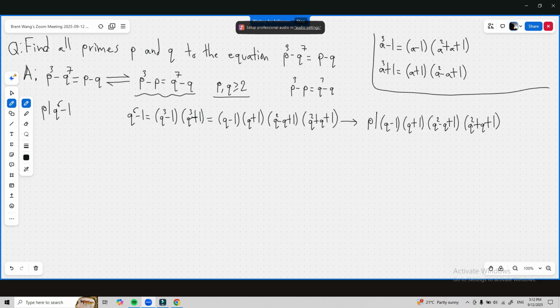Well, because earlier we have shown that P has to be greater than or equal to Q plus 2, that eliminates Q minus 1 and Q plus 1.